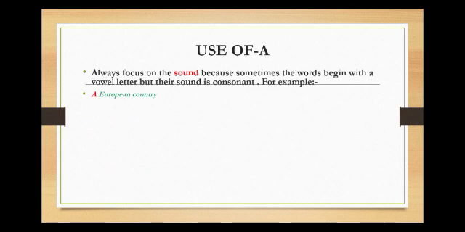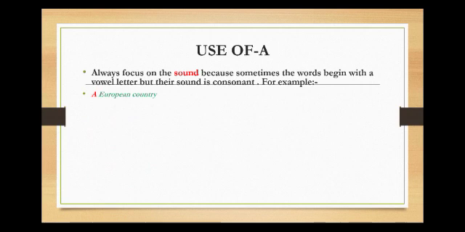Over here, the word European begins with a vowel letter E. I hope you all remember the vowel letters A, E, I, O, U. So, European begins with E, but the sound is consonant. Whenever we pronounce this word, we say a European. So we can clearly hear the sound of Y. That is a consonant sound. So we say a European country.